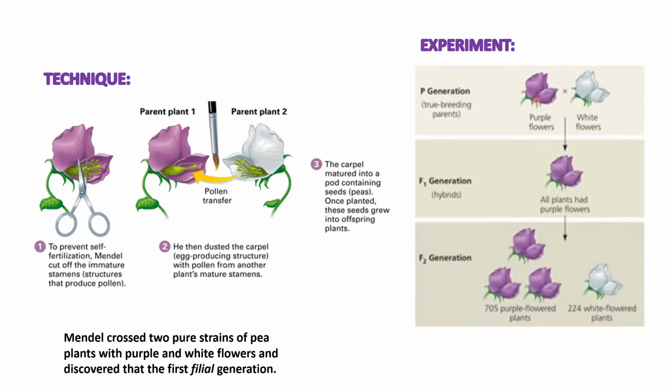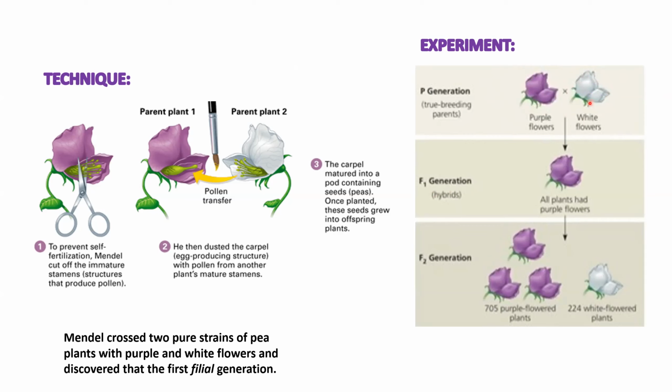He had to make sure that this parent only produced purple flowers and this parent only produced white flowers, and he would self-fertilize these for so many generations until he obtained this pure parental generation of purple flowers and this pure parental generation of white flowers. And then he crossbred these. He crossbred the purple flower with the white flower, which led to the F1 generation.